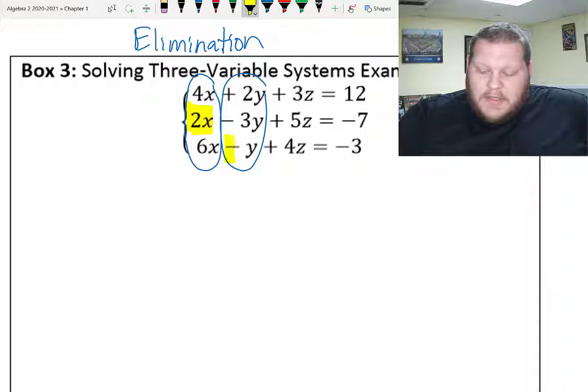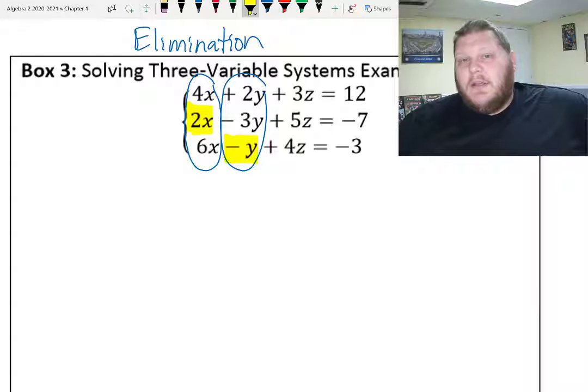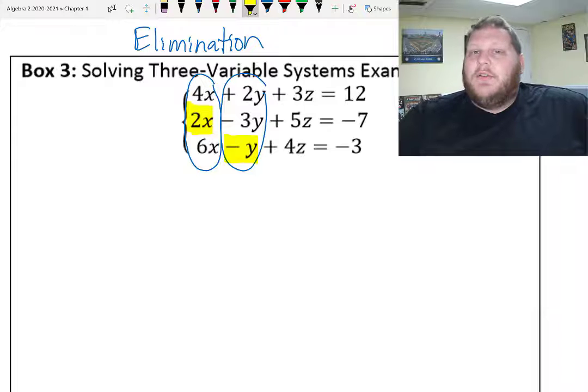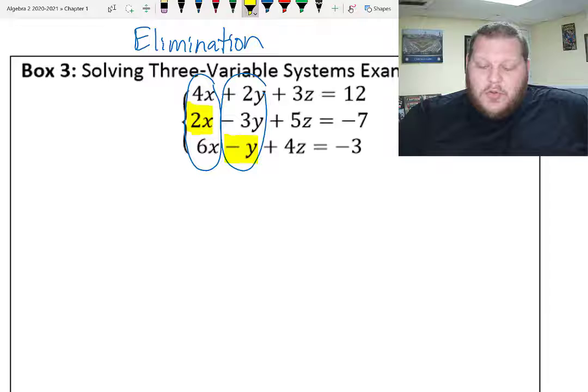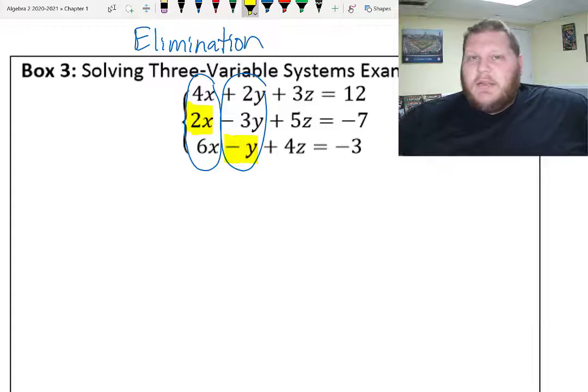Or you could use this negative y to get it to eliminate my other 2 options. So negative y times 2 would be a negative 2, so it would eliminate that. Or negative y times negative 3 would make it a 3y to eliminate with the equation right above it.